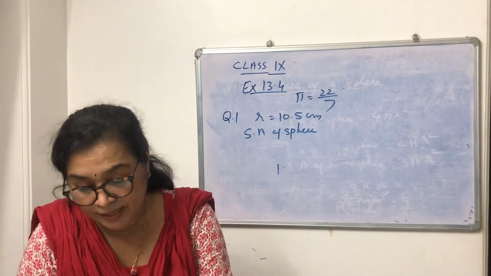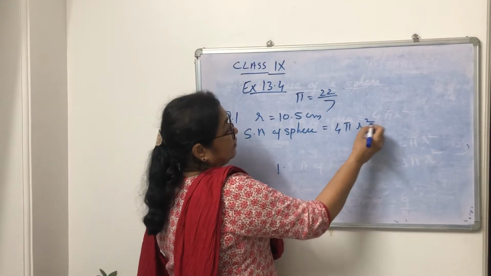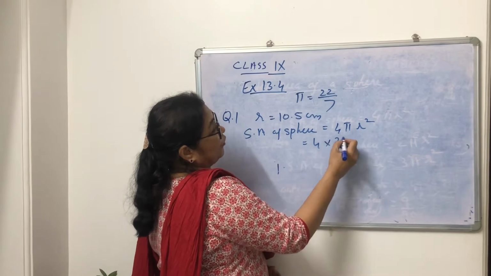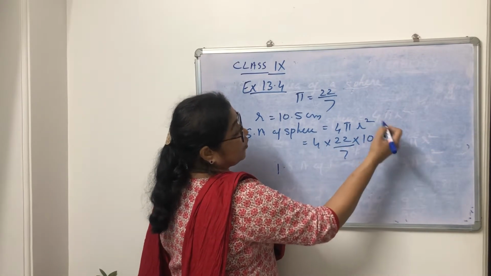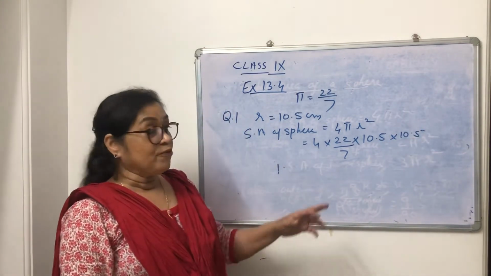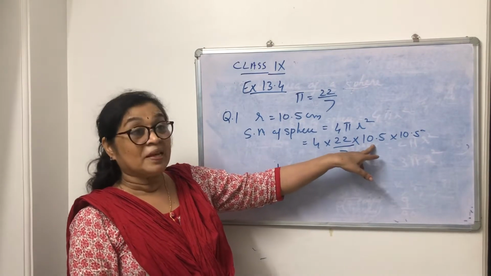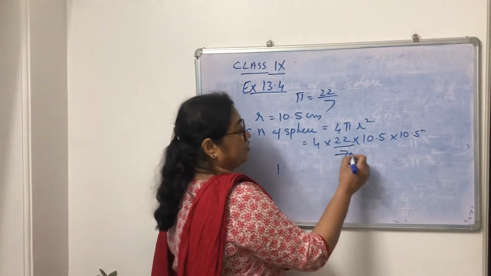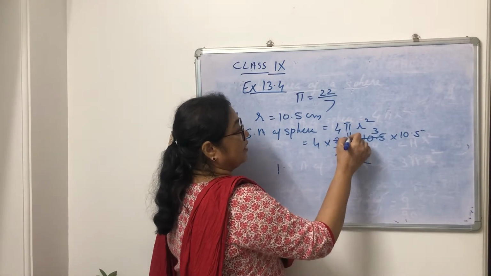Surface area of sphere, the formula is 4 pi r squared, 4 into 22/7 into 10.5 squared, that is 10.5 into 10.5. 3.5 into 2 is 7, 3.5 into 3 is 10.5. So it is 2 and this is 3. This will become 11.